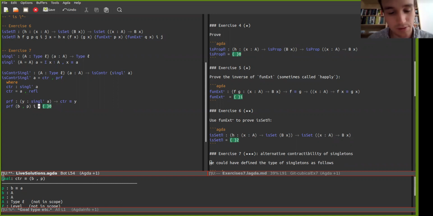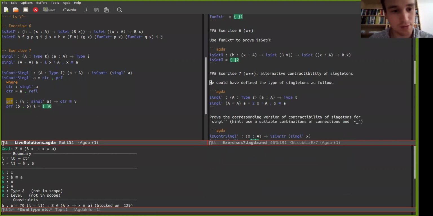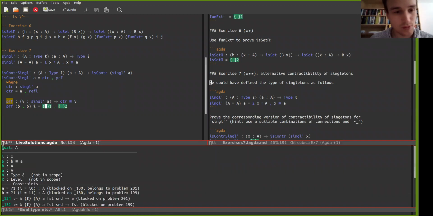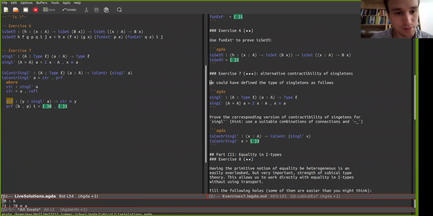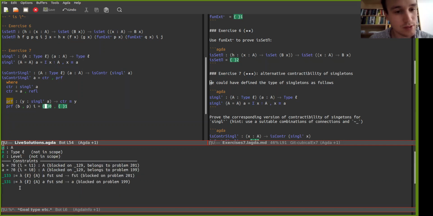So it's a path, so we give it an interval variable i. Now we have to provide something of the sigma type. So you have to give something of A. It doesn't show the boundary conditions as nicely now for some reason, but you can still see it here in the constraints.